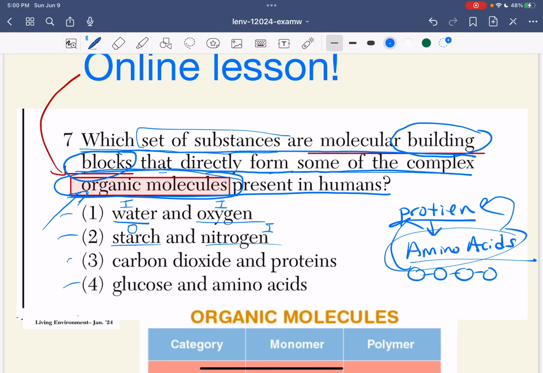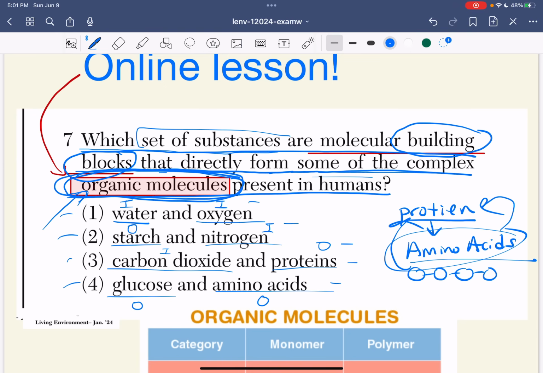Carbon dioxide. That is inorganic. Proteins. That is organic. Glucose. That is organic. Amino acids. That is organic.